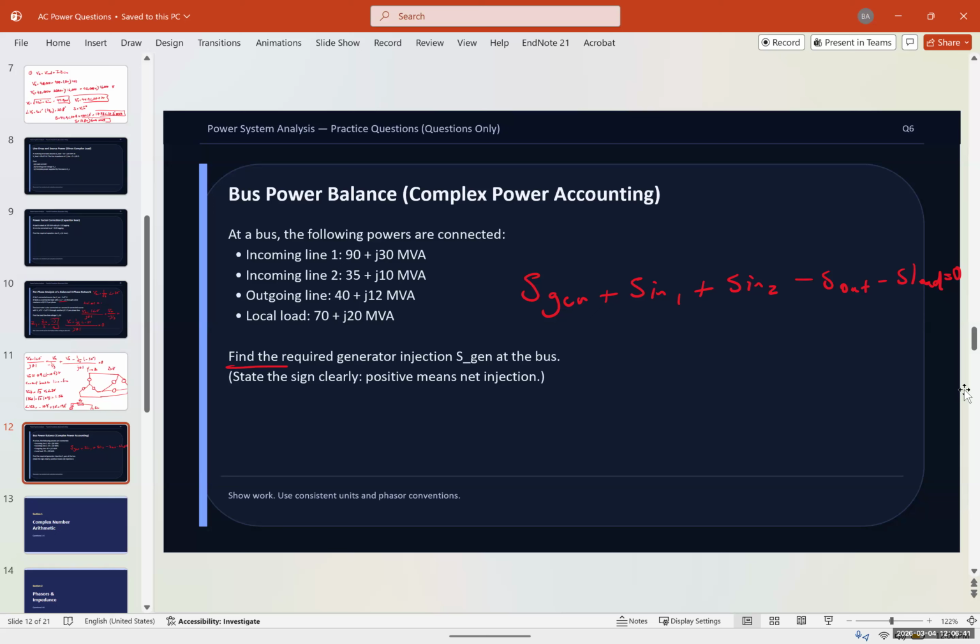Here we want to find the required generator injection, S gen. So S of the generator would be equal to S out plus S load minus S input 1 minus S input 2. This is a hint. I want you to solve the rest.